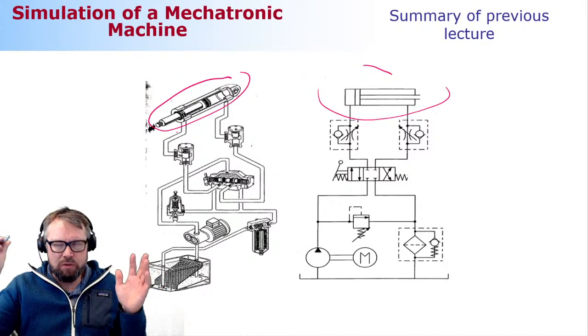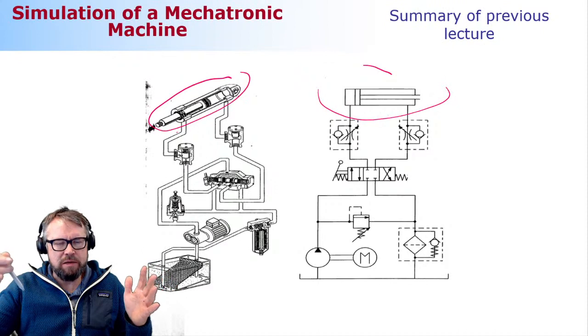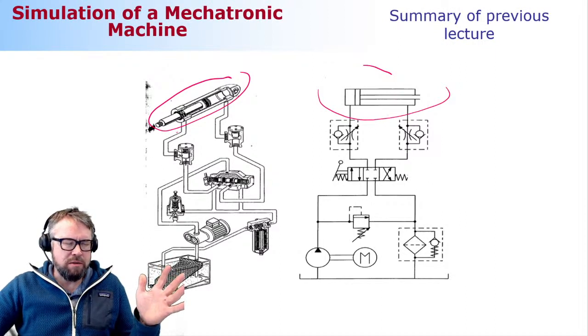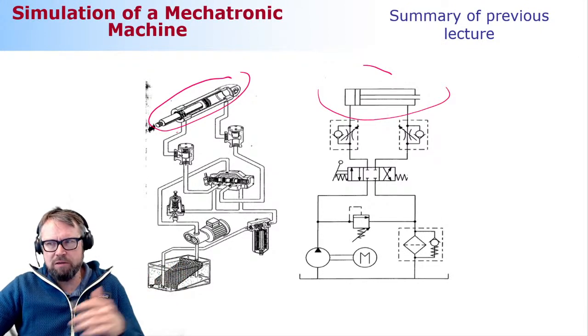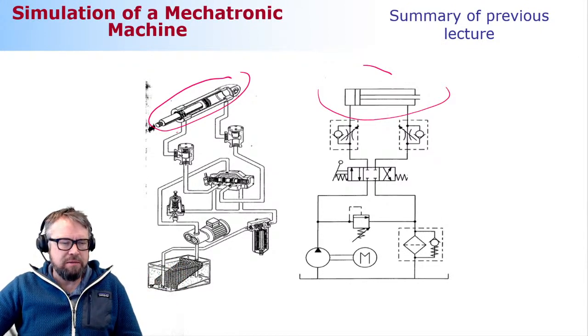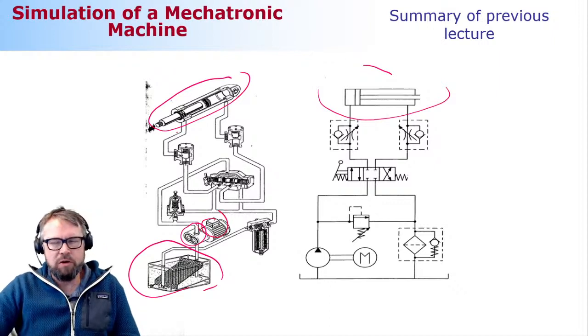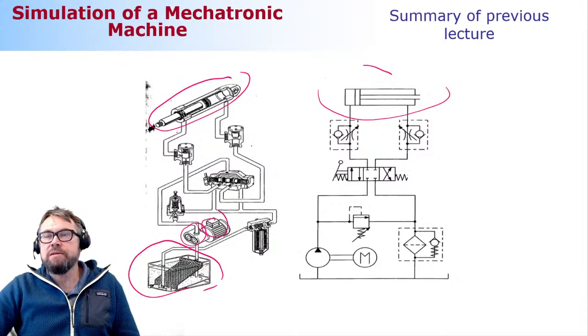To understand how hydraulics is modeled and how it operates, you have to understand these drawing symbols. The hydraulic cylinder is very obvious, so there's no difficulty understanding that. But if we take the other end of the hydraulic circuit, this one here, this is a tank connected to a pump, which is then operated by a motor. These drawing symbols do not well describe how they look in real life.